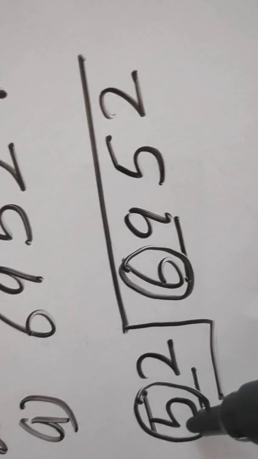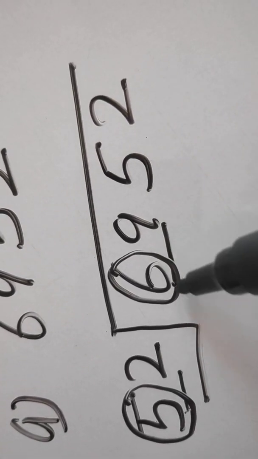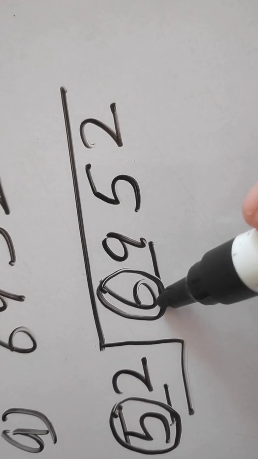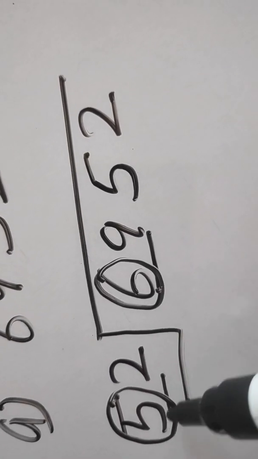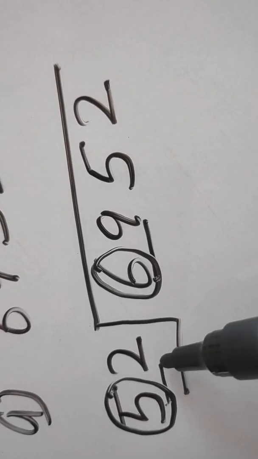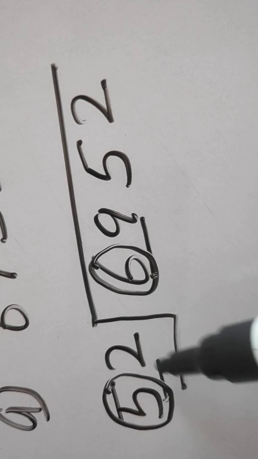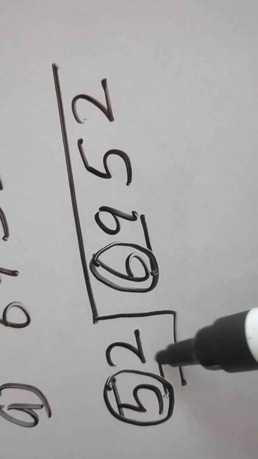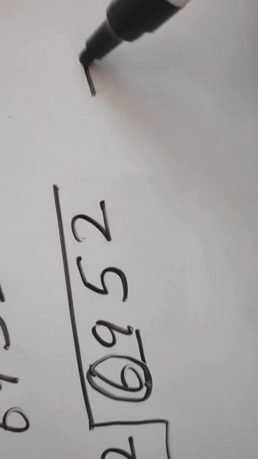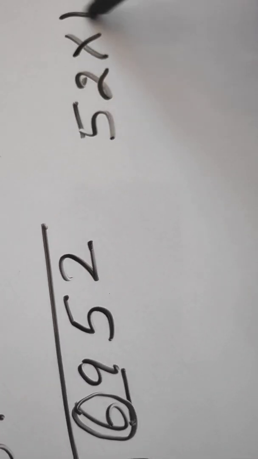In the table of 5, where does 6 come? 5 ones are 5, 5 twos are 10. 5 twos are 10 will become greater than 6. So the table can go on 5 ones are 5. It means we get the idea that the table of 52 will go 1 time to divide 69. So 52 we will multiply by 1.